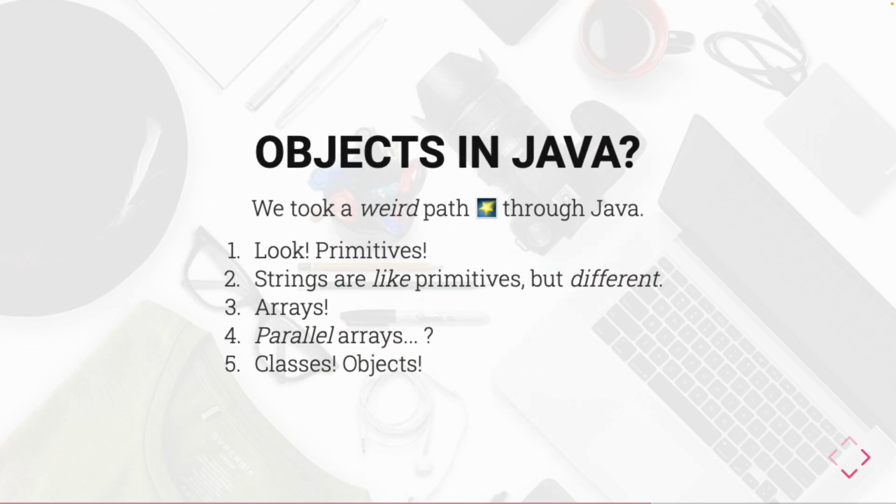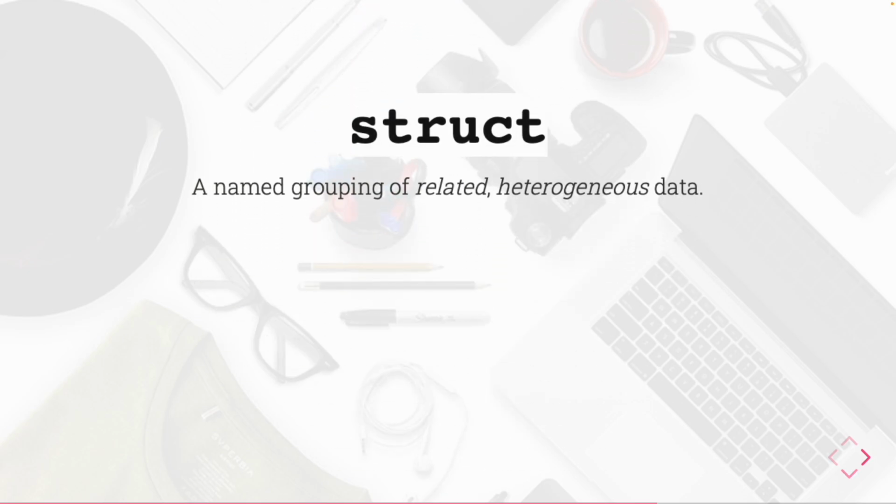So I guess we're going to have taken a similar path through C, but it is kind of an objectively weird way to study Java. It's an intuitive way for sure, because it goes from simplest to most complicated, but really Java is built on classes, and then stuff like primitives and strings are the implementation details. Whatever, let's move on. We're going to talk about structs a lot.